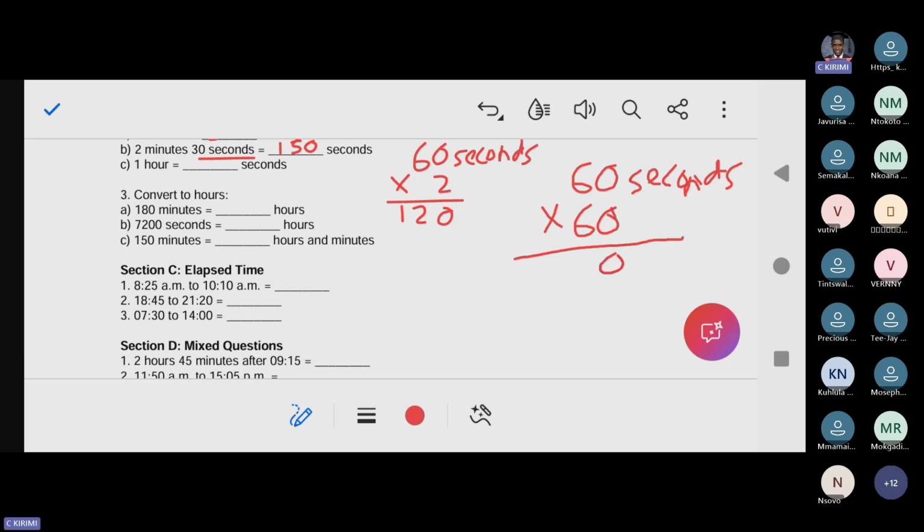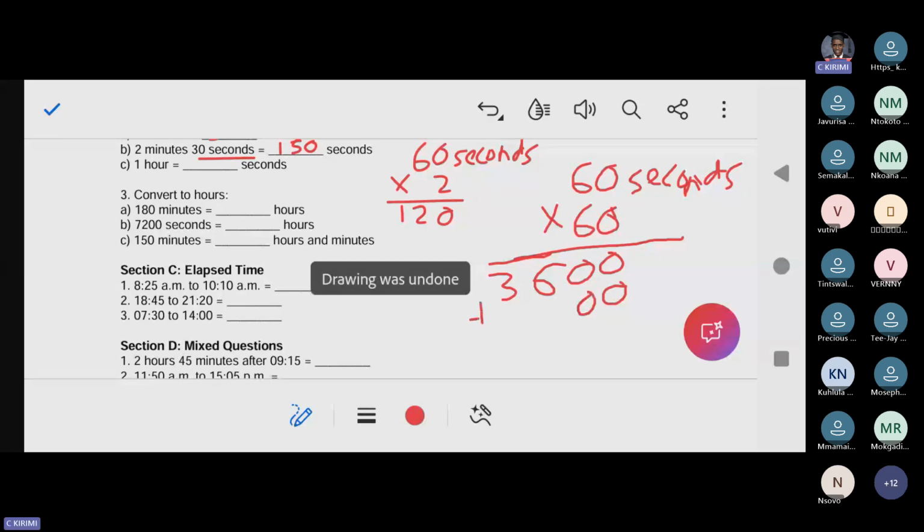So 0 as our placeholder, 6 times 0 is 0. 6 times 6, that's 36. And then 0 times 0 is 0, because any number multiplied by 0 is just 0.